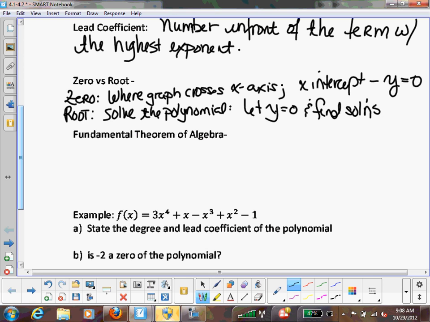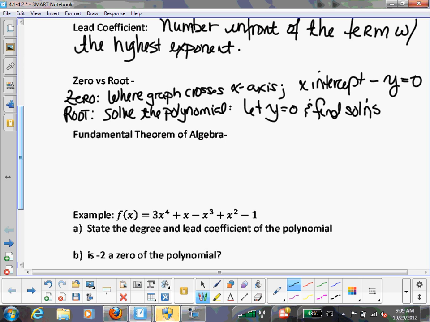If my highest degree is 5, I will have 5 solutions. That doesn't mean 5 distinct, or different, solutions. Maybe 0 occurs 3 times, but it means I have no more than 5 values or solutions.